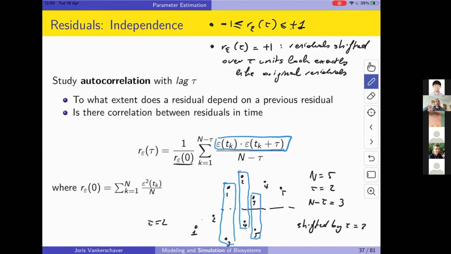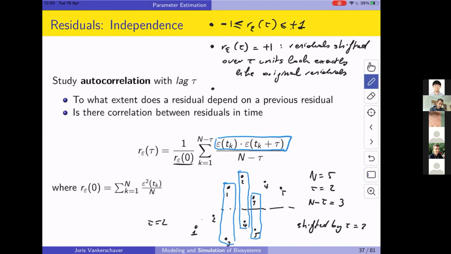So if you have a sine pattern in your residuals, then you can shift them by 1 period, and you're going to get something that looks very similar to the original signal. So for that, your autocorrelation is going to be high, close to +1.